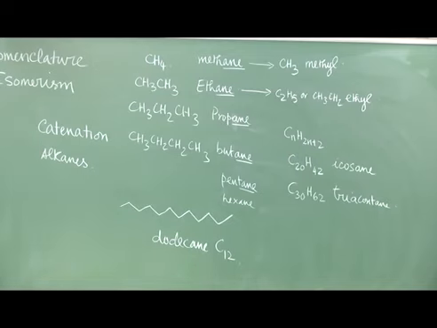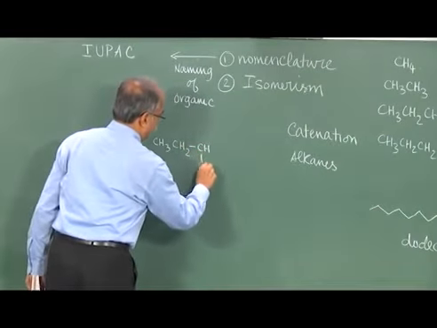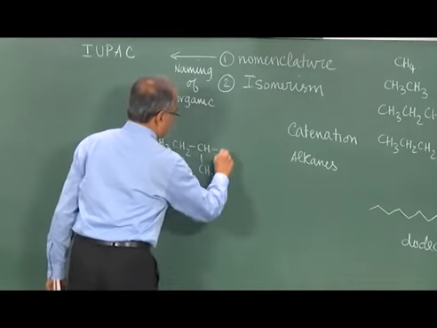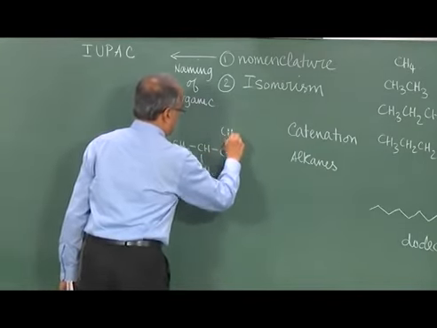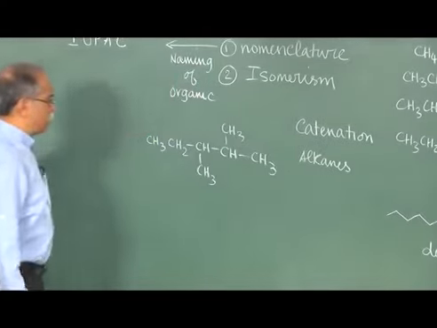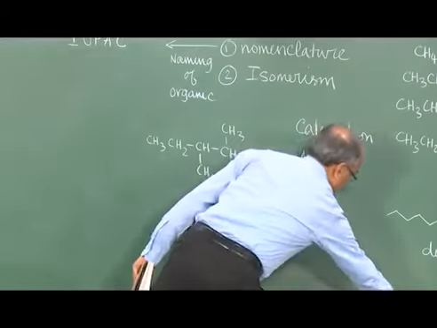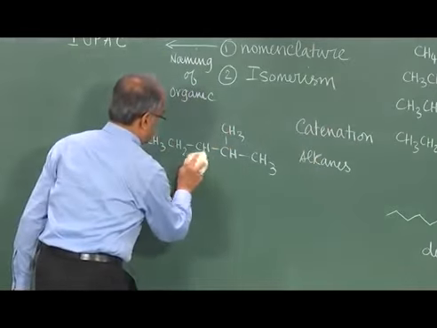Now, if we consider branched systems like this, for example, let us talk about a simple branched system, which has only one branching in this particular position here.